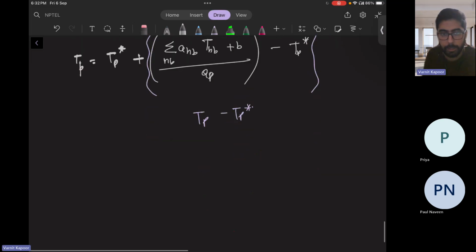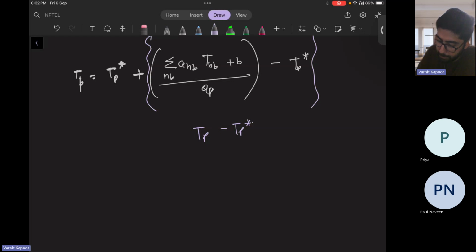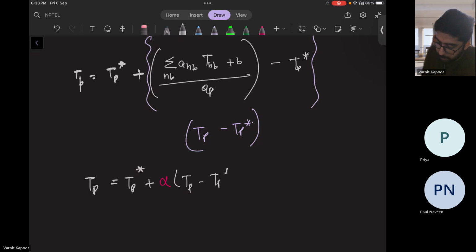So that means if I multiply this term TP minus TP star with some coefficient alpha, I can change my iterative process to be faster or slower as per my need. That is plus alpha into TP minus TP star. Okay? Or instead of TP minus TP star, I can write it as a whole equation.